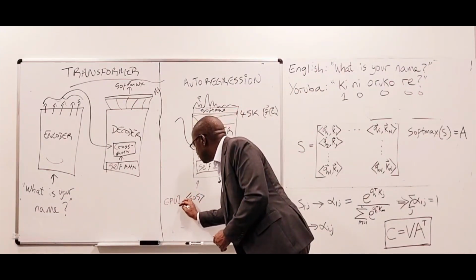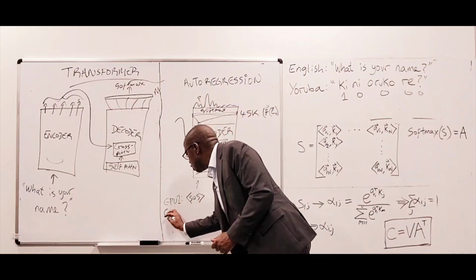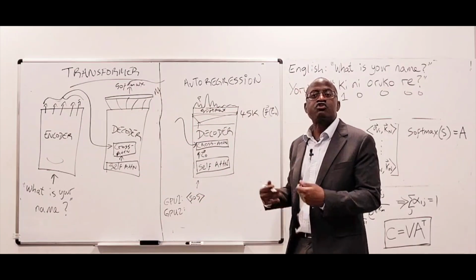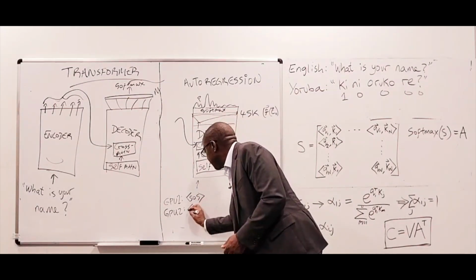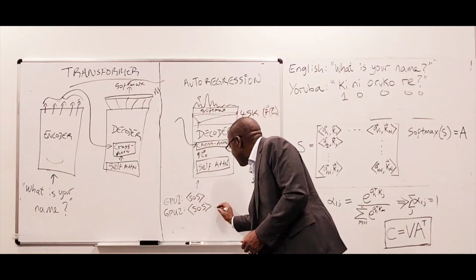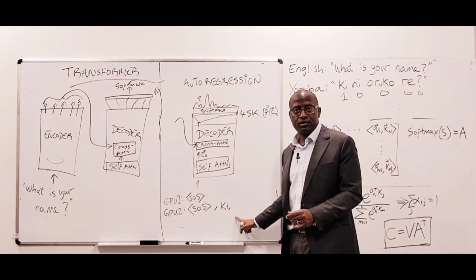GPU1 would have this as its input. GPU2, and I'm saying GPUs here just to indicate threads, there could be other ways to implement this, would look like this. You would have the start of sentence token and the first word, ki, in the answer.